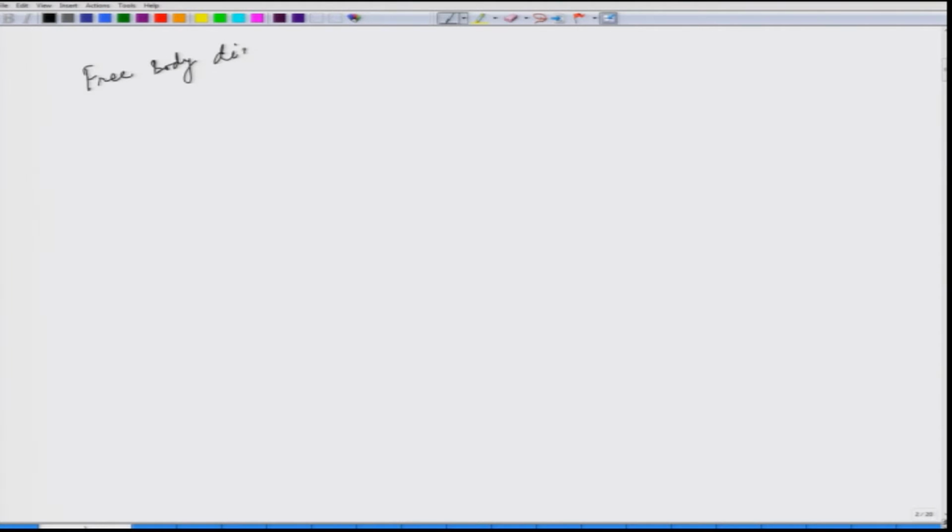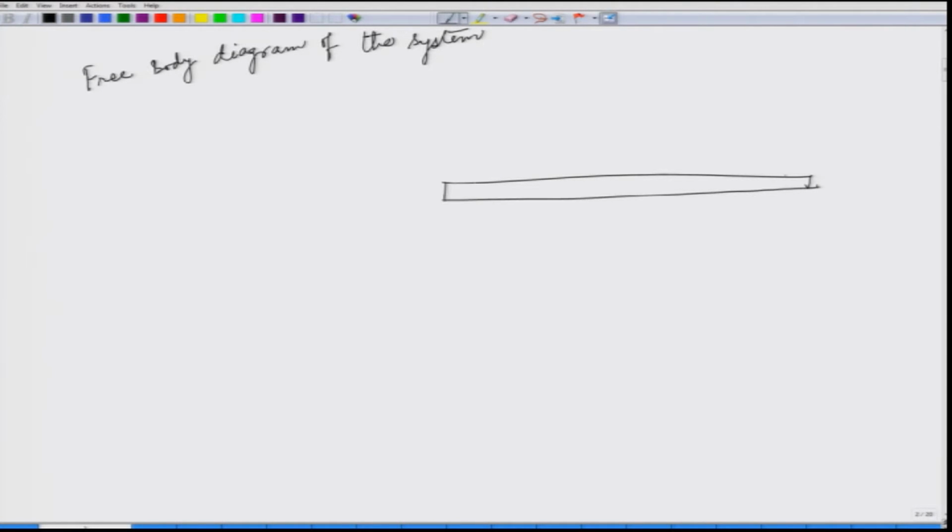Free body diagram of the system. So, this is my rod, a massive rod. Its weight is acting downwards, mg.